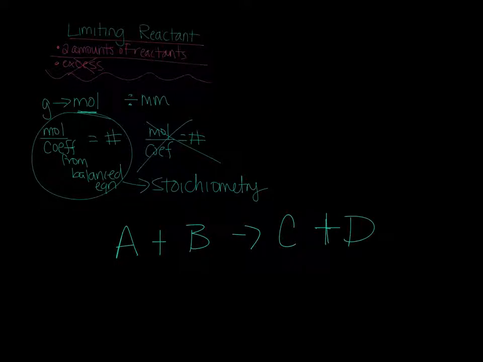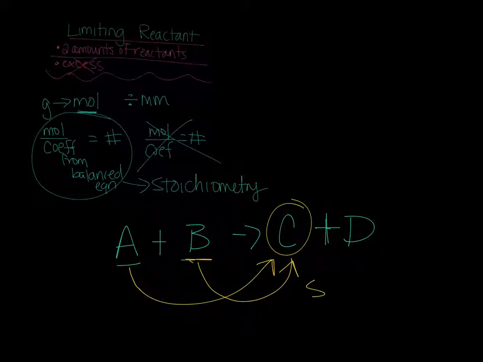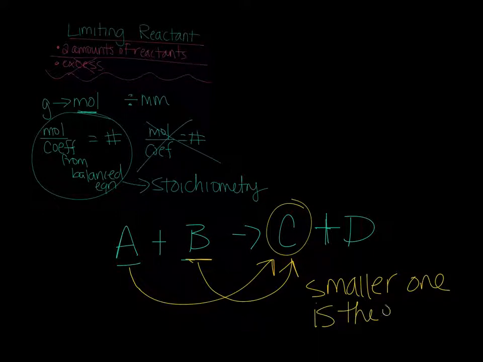Let's just say we have that, and we have values for these two. We would pick one of our products, so I'll pick C, and I'll say, okay, if I start with this, how much am I making? If I start with this, how much am I making? And the smaller one is the one to use.